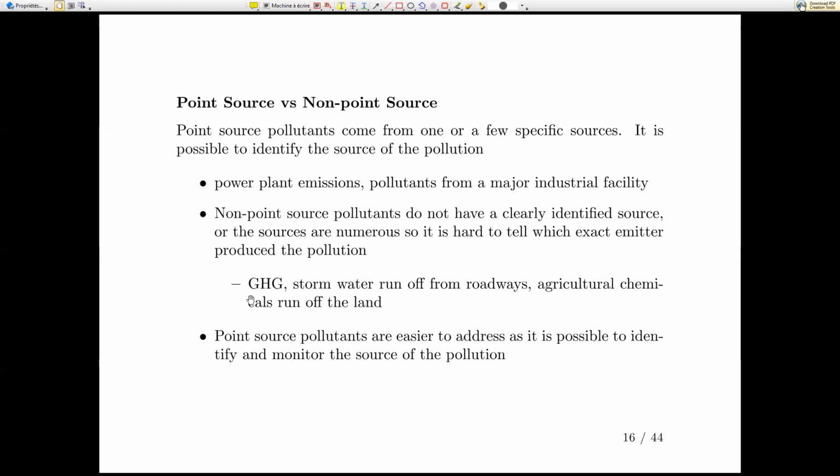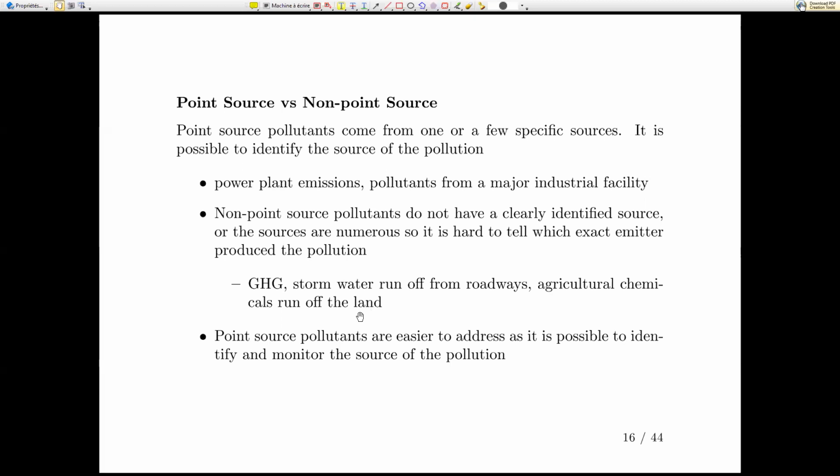So GHG is greenhouse gases, stormwater runoff on roadways. So that's bad because you have roadways everywhere. If they're dirty and then there's runoff that goes into the waterways, for instance, then that's bad. Agricultural chemicals run off the land, so it's a bit the same problem.